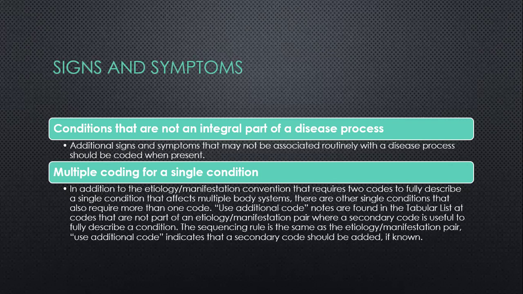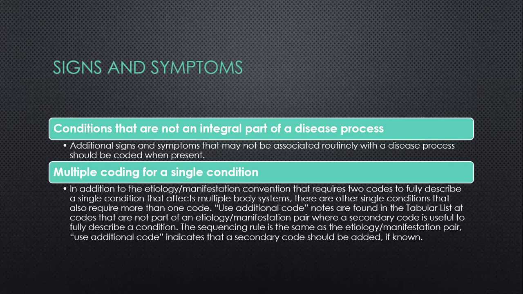So, in addition, you do have multiple coding for single conditions. So, the etiology or manifestation convention that requires two codes to fully describe a single condition that affects multiple body systems. There are single conditions that also require more than one code, and you will see the use additional code notes in the tabular list.